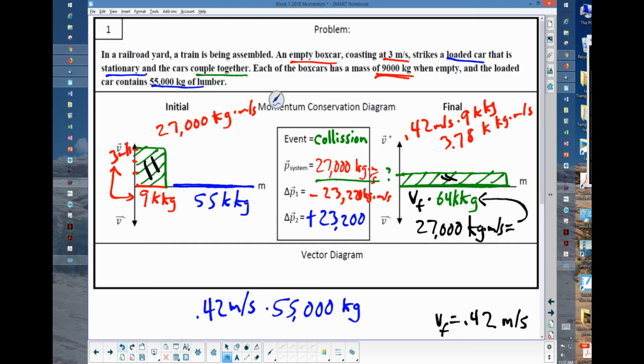That's 23.1. Because I rounded off in here, that's why we get a slight difference. If I kept more sig figs, I should have got the same answer.